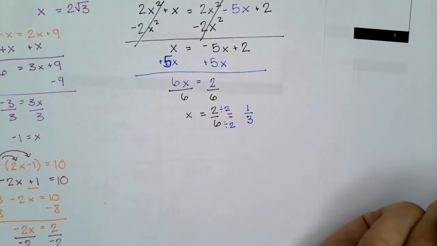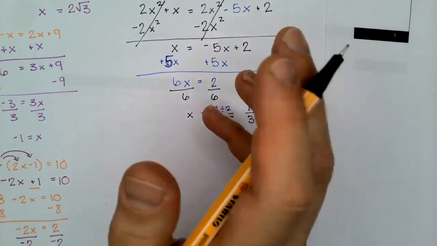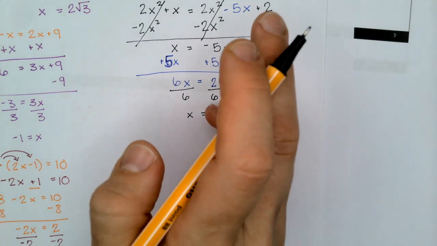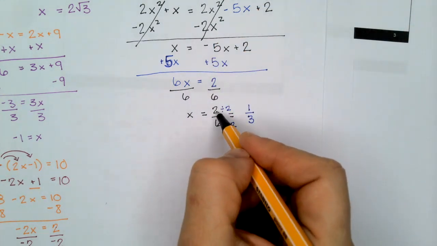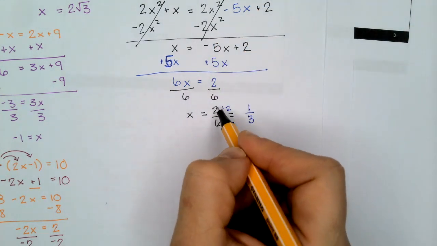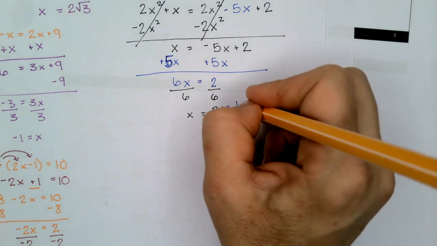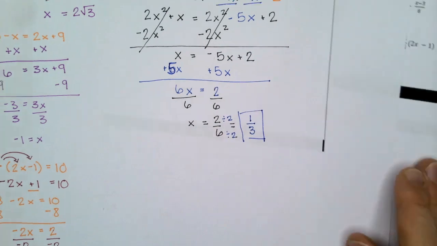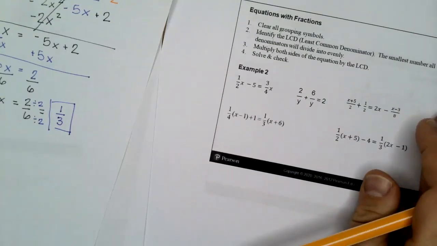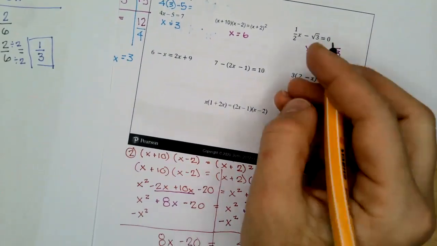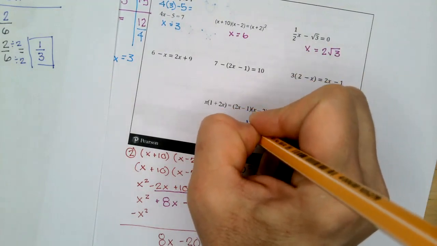So 2/6 is also 1/3 because they have a common factor. One common factor of 2 and 6 is the number 2, so I can divide them both by that common factor and get a more simplified fraction. I think I stopped writing the answer, sorry. So this one was x is 1/3.